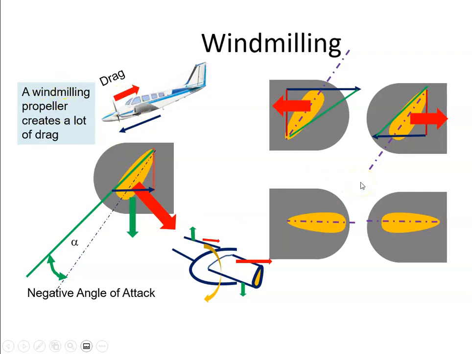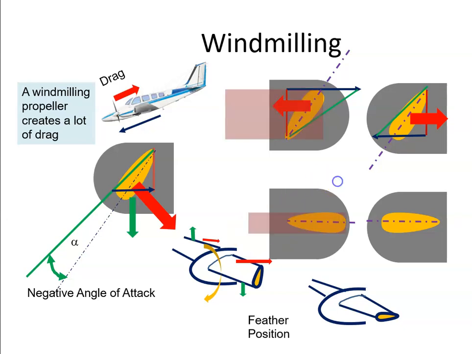So that is what the feathered propeller would look like. Okay, so it's perfectly stationary, it's not rotating, and it's not creating drag due to the windmilling action. The other benefit to it is the propeller has some profile drag.